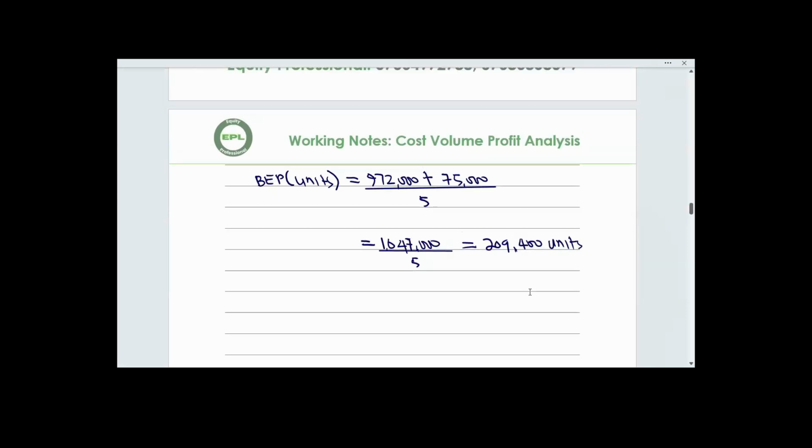Okay. Number C of the question. You have to determine the number of units that must be sold to earn an after-tax profit of 100,000 naira if tax rate is 40%.